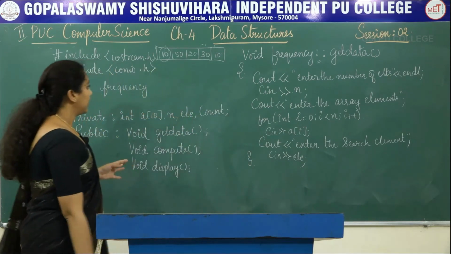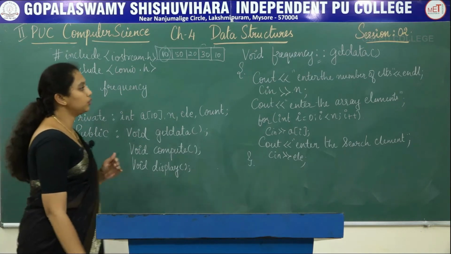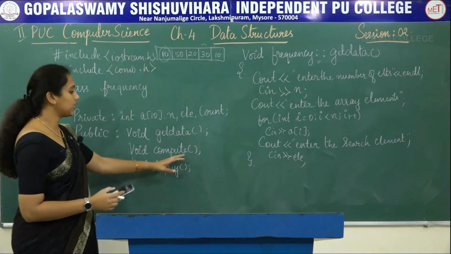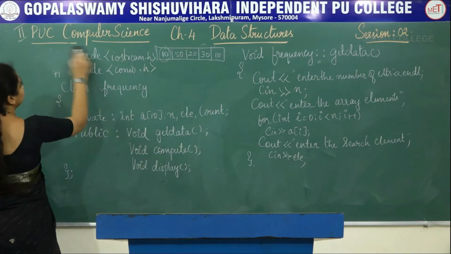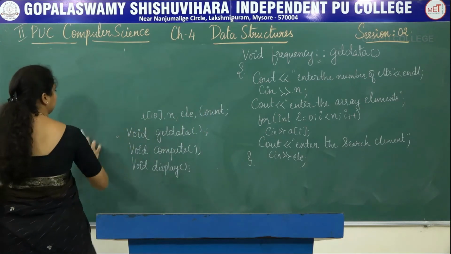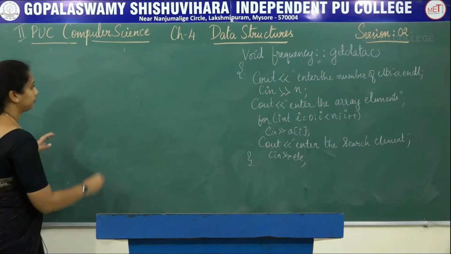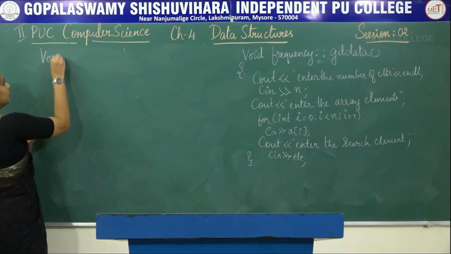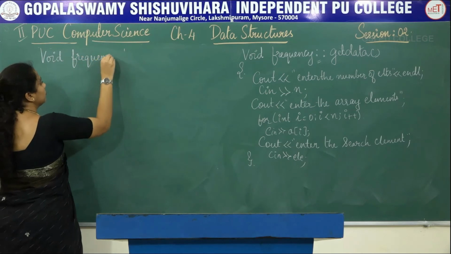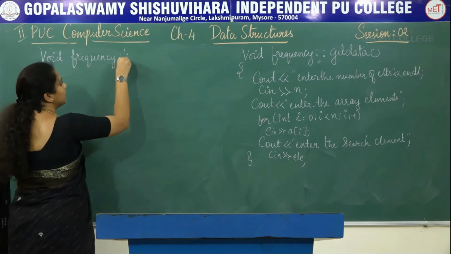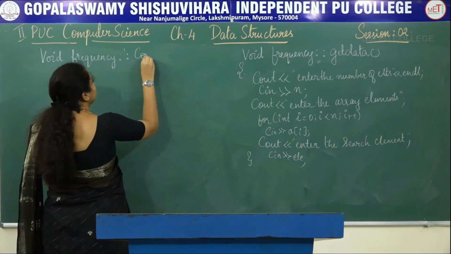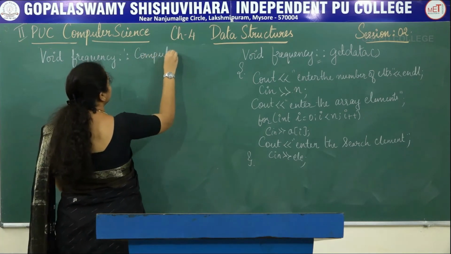Next, what do I have to do? I have to define the next function, that is compute. Void frequency, scope resolution operator, then the compute function.